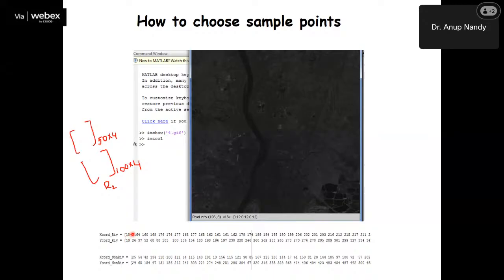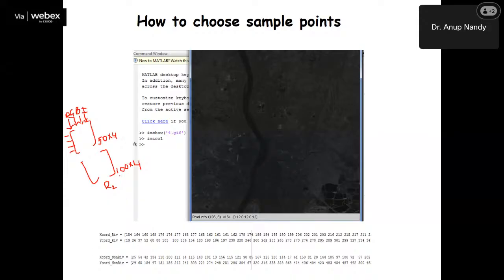For each location, for example 1, 5, 4 and 19, which is one location, I can get 4 different values: one for the R-band image, one for the G-band image, one for the B-band image, and so on, so I get R, G, B and I. So 50 into 4 means I get 50 sample points for each of these images.